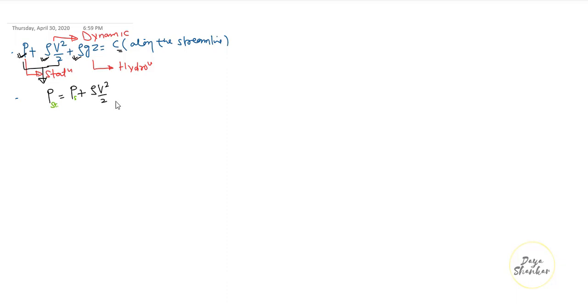So another term came into the picture: the sum of the static pressure plus dynamic pressure is called the stagnation pressure. The stagnation pressure represents the pressure at a point where the fluid is brought to a complete stop isentropically. This definition we had already learned in our previous video.